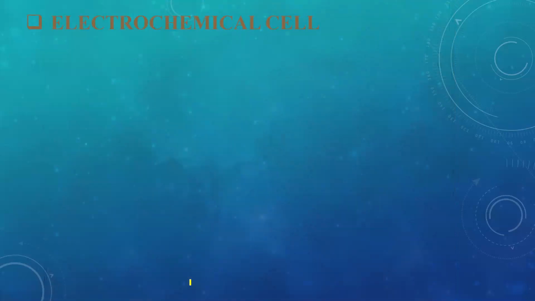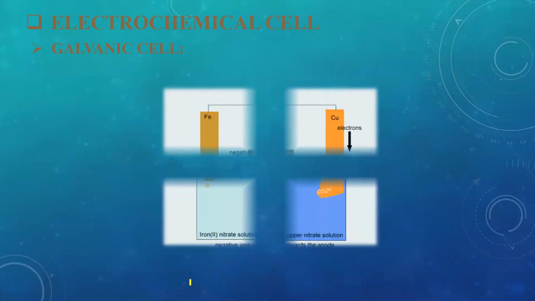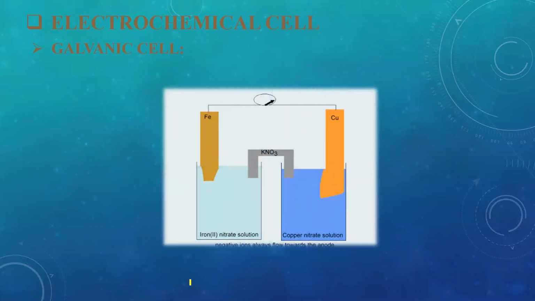Let's see how redox reaction is associated with our daily life. Here comes an electrochemical cell, which is also known as a galvanic cell. Now, what is an electrochemical cell and how is the redox reaction taking place? Here you can see we have two half cells, that is, one beaker filled with electrolyte.